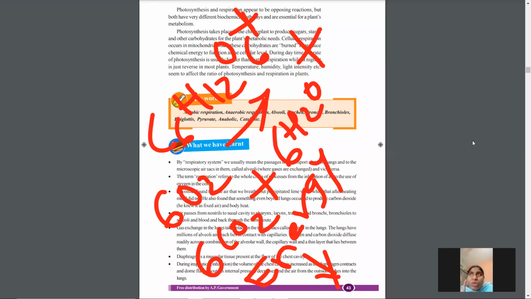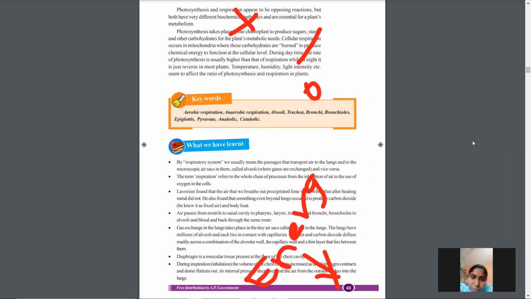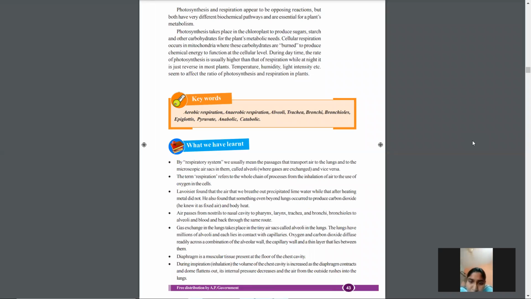Here the rate of photosynthesis is higher than respiration during the daytime.